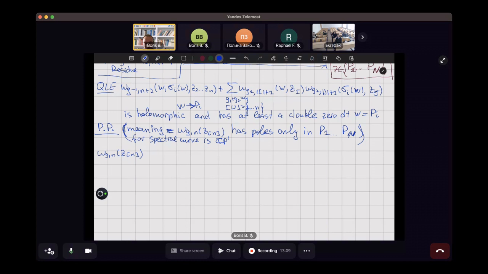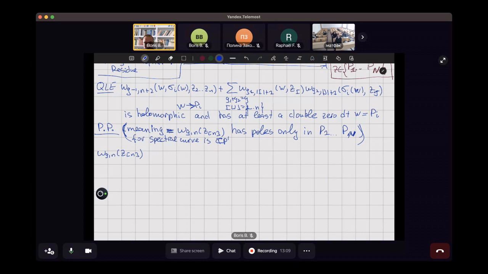Actually, the numbering was different last week, so this condition was the first. Okay, and also we have the conditions on the unstable cases.